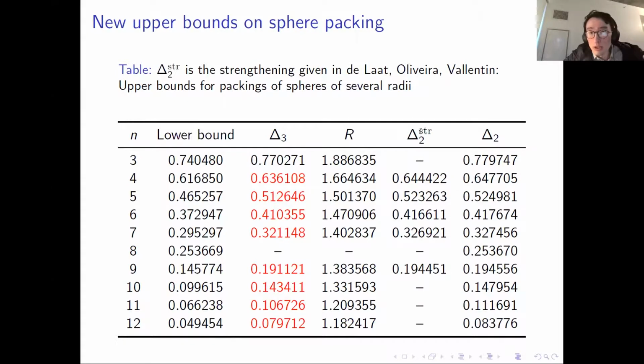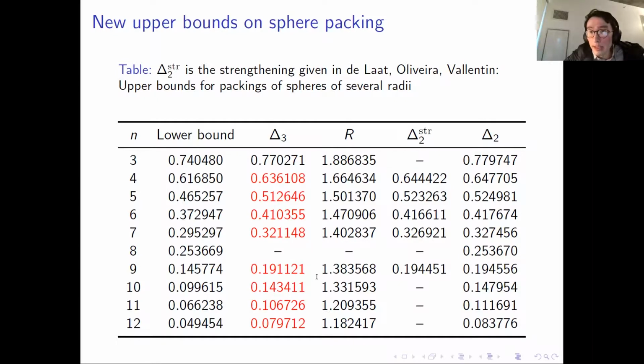And this delta 2 strengthening is given from a paper by Laat, Oliveira, and Valentin, where you can think of it as some sort of copositive improvement by using a small indicator function of a ball that's slightly outside the radius of the sphere. And these give some improvements, but the improvements that we get from the 3-point bound are larger.